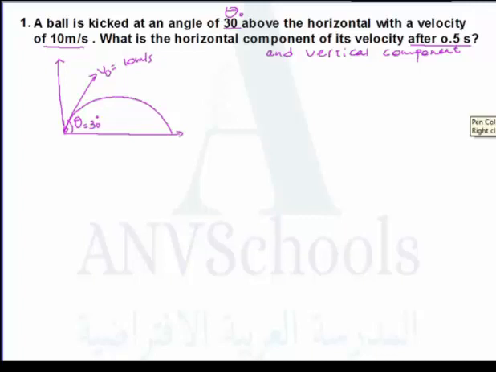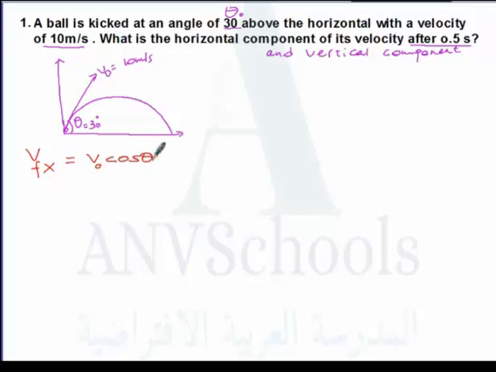what is the horizontal component of its velocity, that is V final x. So from the equations of uniformly accelerated motion, from the formula that we derived earlier, V final x is the same as V0 cos theta.